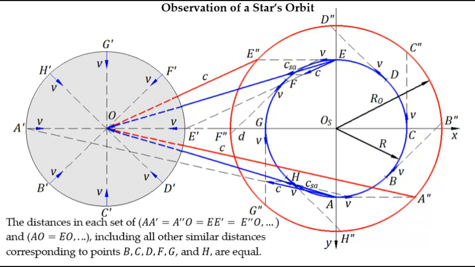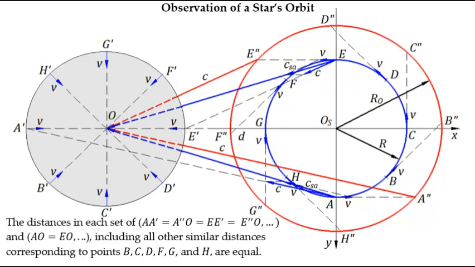The distances in each set of AA prime equals A second O equals EE prime equals E second O equals, and so on, and AO equals, EO equals, and so on, including all other similar distances corresponding to the points B, C, D, F, G, and H are equal.